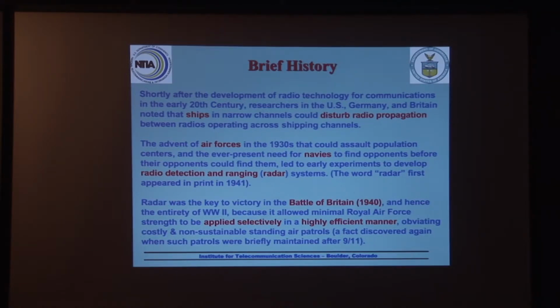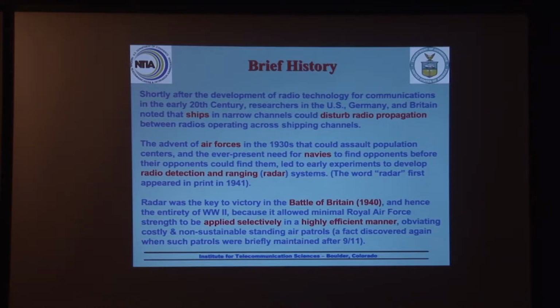As it turned out, radar was the key in many respects to winning the Second World War for the Allies because early in the war, in 1940, after France had fallen in June of that year, the war having started in September of 1939, the British were facing the German armed forces alone, and they were facing an invasion of their island. We now know that had Britain been invaded, we wouldn't have had a giant aircraft carrier from which we could launch the Normandy landings later on in 1944. So what the British needed to do was defend themselves. They needed to prevent a landing from occurring in the island.